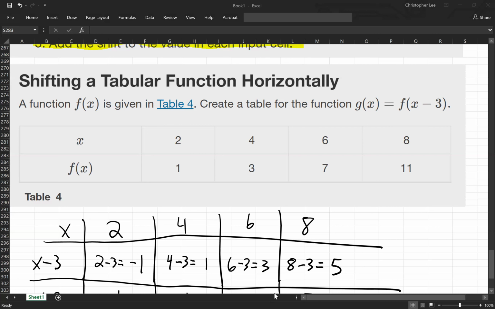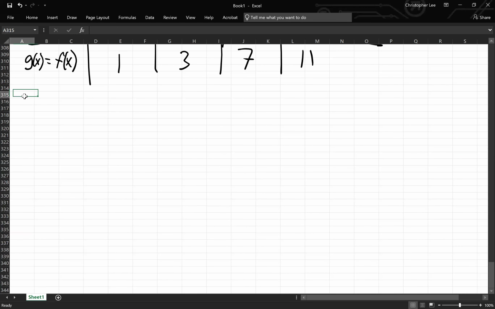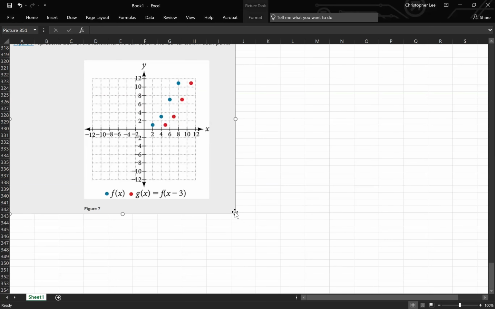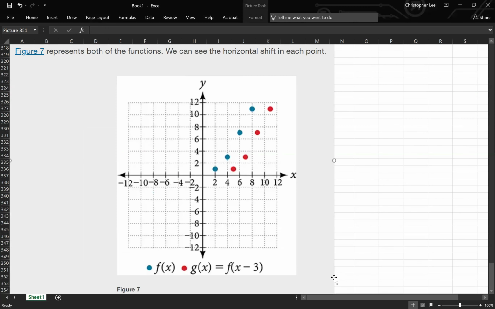I don't know if this helps, but graphically speaking, this is what's happening. The blue that you see right here was our original equation, the f of x. The red is our new equation, f of x minus 3.